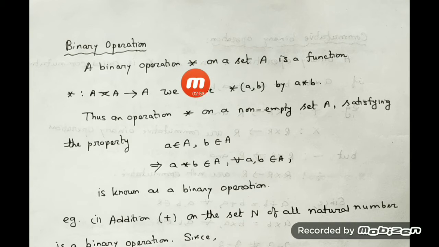That means it may be plus, minus, multiplication, division, union, intersection, any operation. Symbolically we denote it as star. So star is called a binary operation on a set A. Your set is A, and it's a function from A cross A, the Cartesian product of this set, to A, and we denote it by star of (a, b) is equal to a star b.